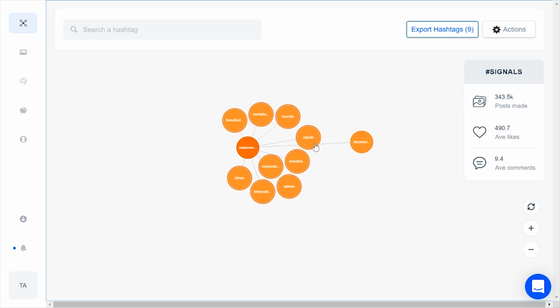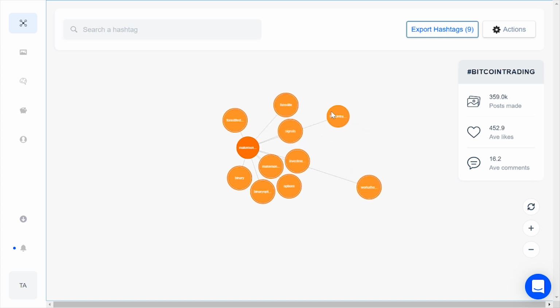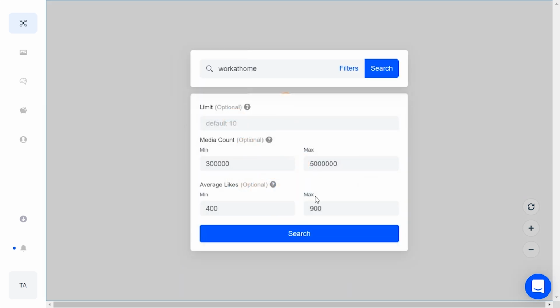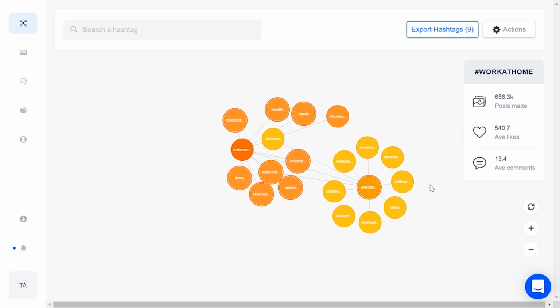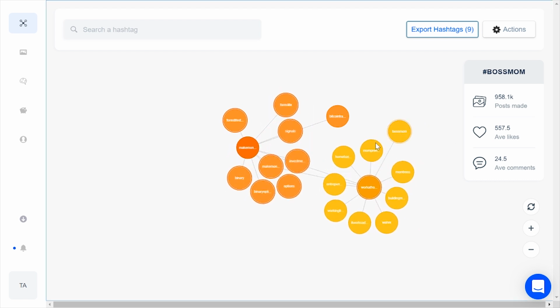Now the cool thing with Flick is, say that you, for example, use the hashtag work at home, and you find a lot of success with it. You see you're getting ranked in it. What you can do then is click expand, boom, just like that. You can use the same filters, click search, and now Flick is going into even more detail on your hashtags.